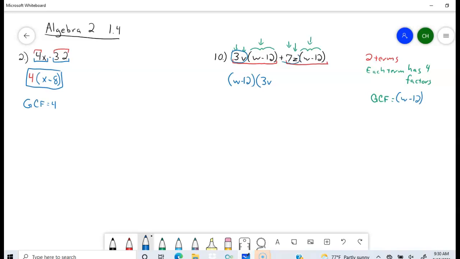I'm missing this part, so I'm going to have plus 7z. So basically everything that was left outside. Now if I wanted to double check it, I would multiply this w minus 12 times everything inside the second one. All right? So the first step, 100% of the time, is we need to pull out the greatest common factors.